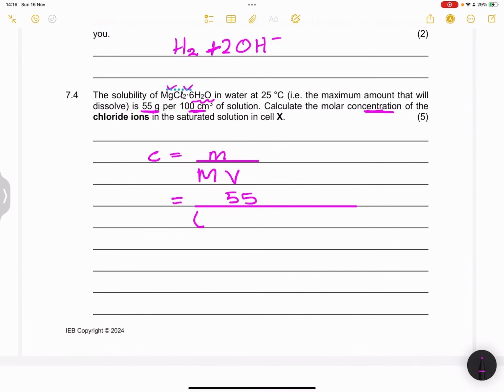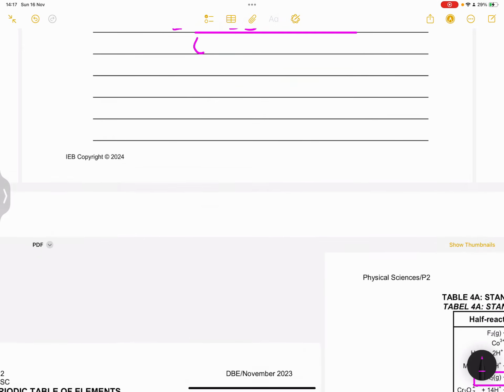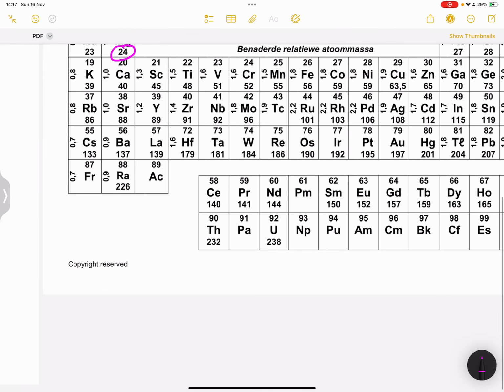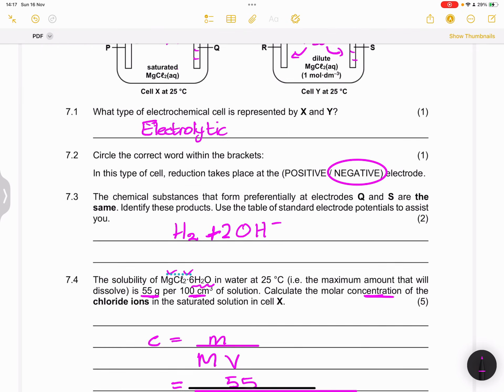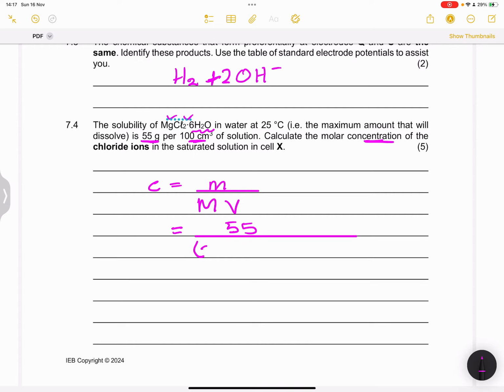So let's calculate there. So we said magnesium, I just circled it, that's 24. Okay, so that's 24 plus, that's chloride. That's 2 chlorine atoms there. So that's 2 times 35.5 plus. Now, I want you to note in this case, we've got 6 times H2O.